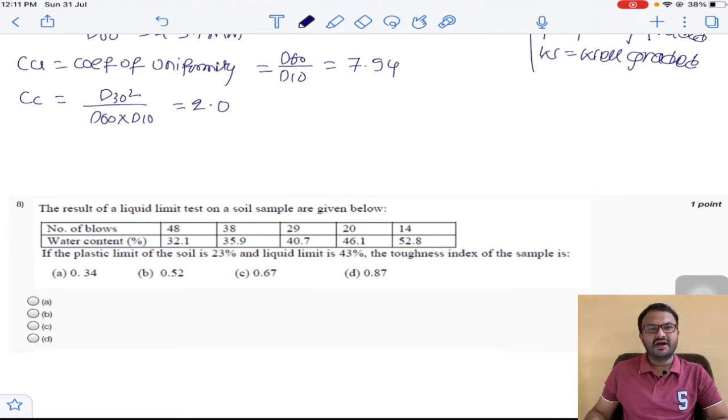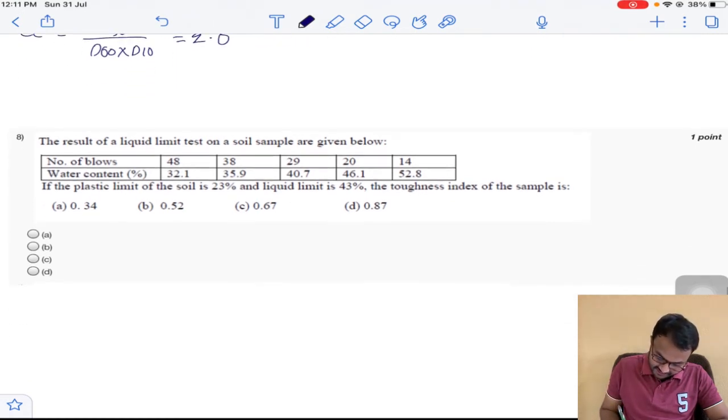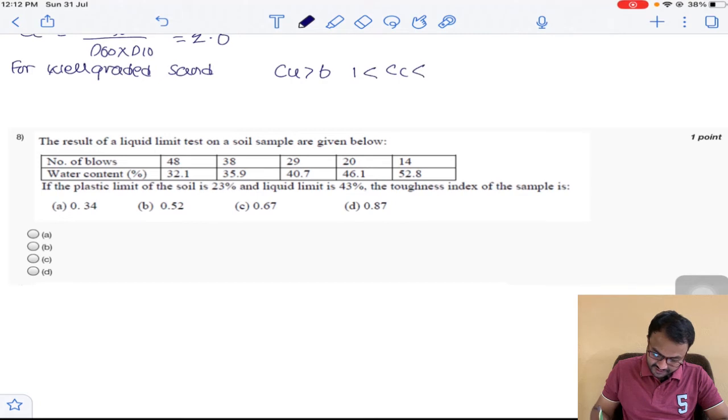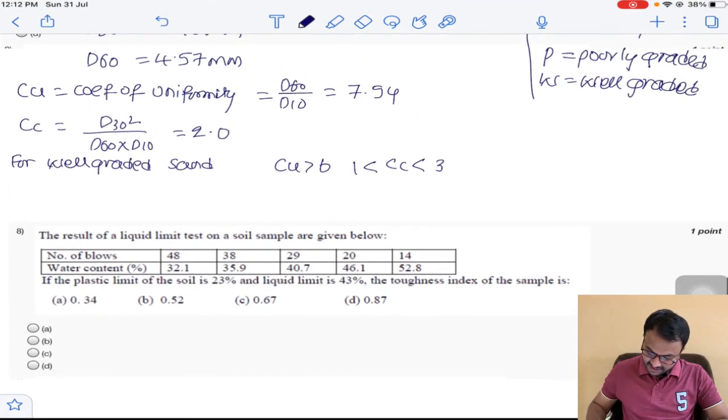Now, which type of soil will the given sample belong to? For well graded sand, Cu should be greater than 6 and Cc lies between 1 and 3.